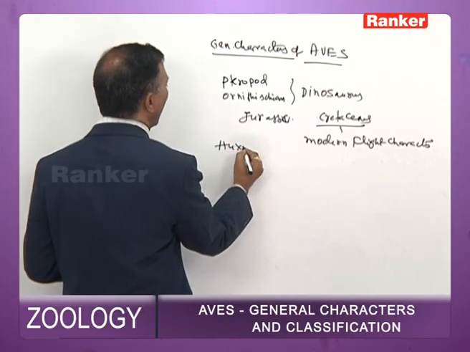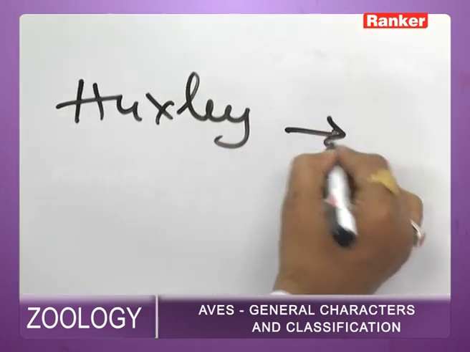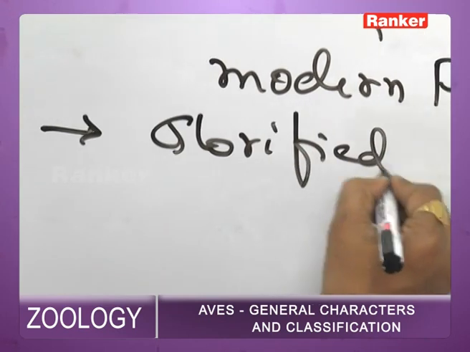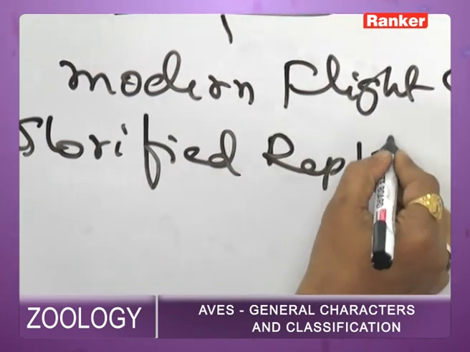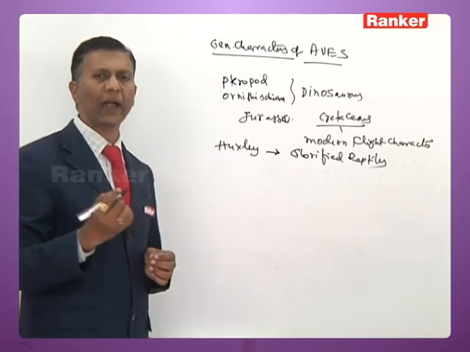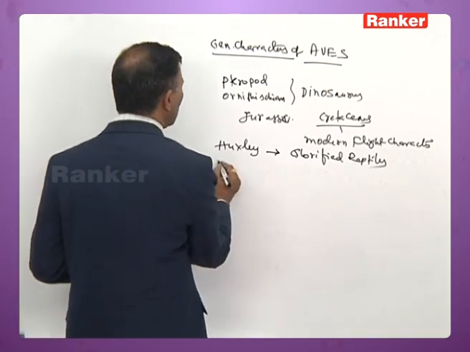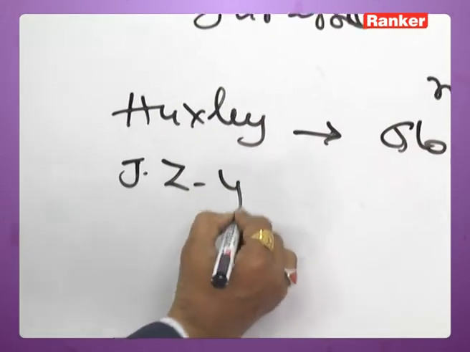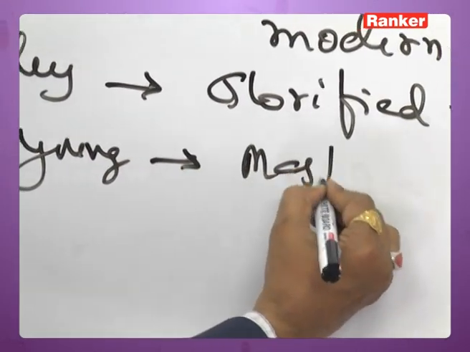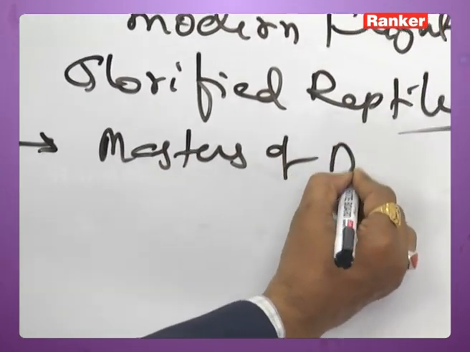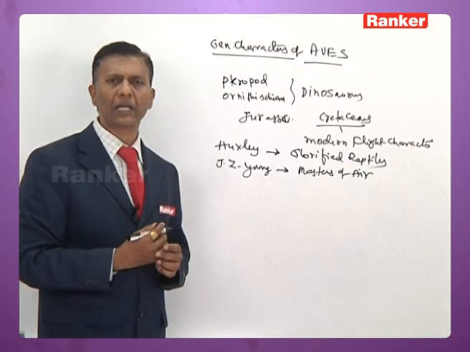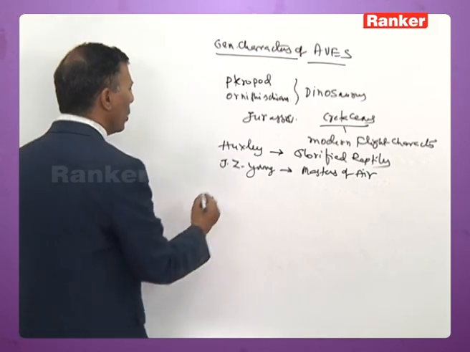Thomas Huxley called birds glorified reptiles. J. Z. Young called the birds masters of air.